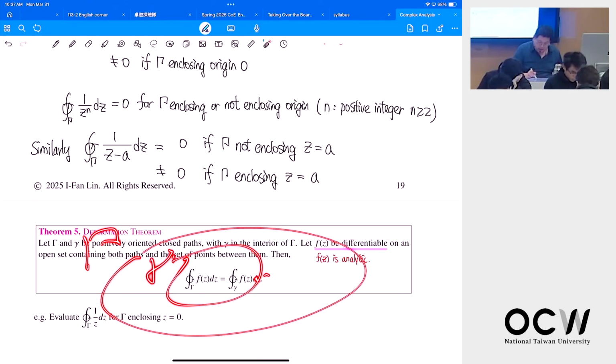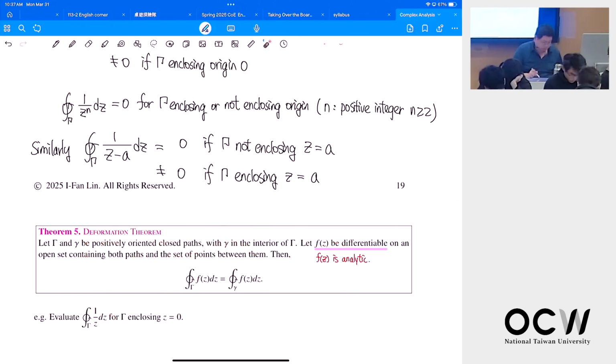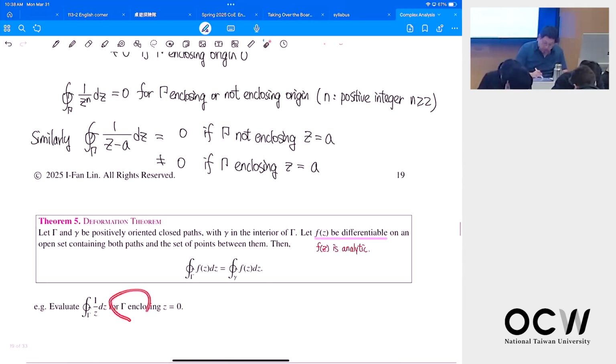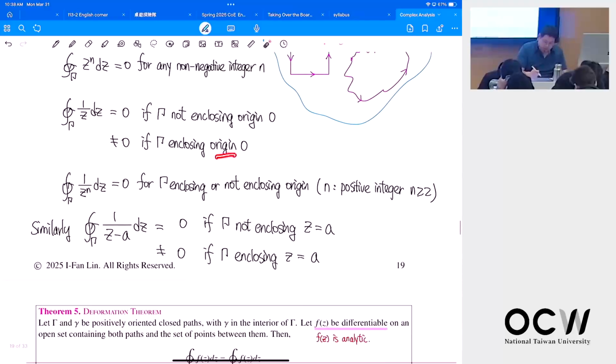And then for the integration, for closed curve tau, actually you can think of the circular integration with the closed curve gamma. Let's do this integration, then you'll know what deformation theory is. I want to evaluate this circular integration enclosing z equals 0, because when tau includes the origin, the integration is not 0.